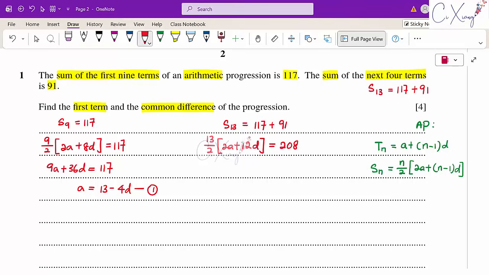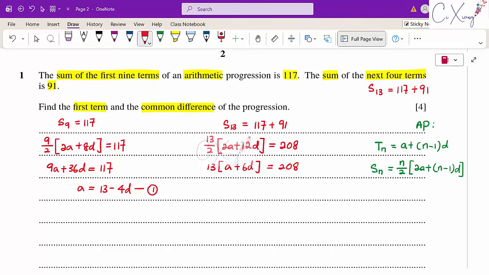Then again I prefer to simplify my equation. I bring the half inside, so I'll have 13a plus 78d equals 208.